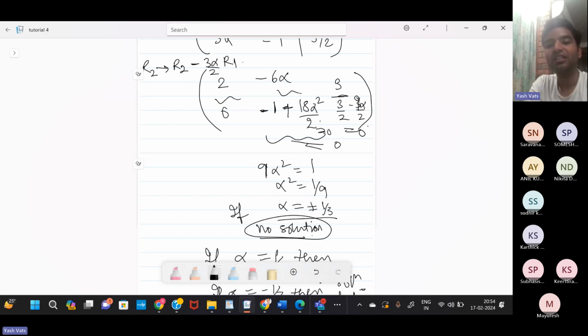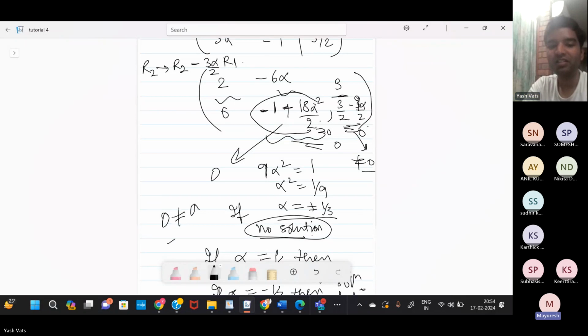But if alpha is minus 1 by 3, then this term becomes 0 and this becomes non-zero. So 0 can't be equal to a non-zero number. Okay, so this is no solution.